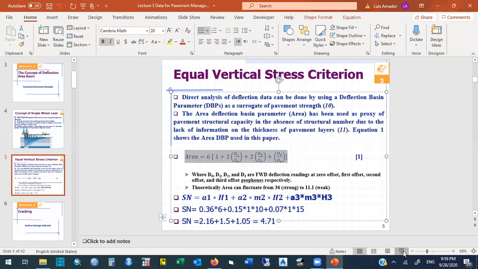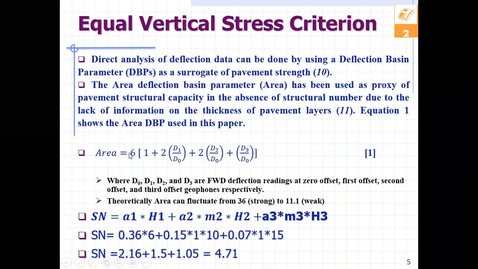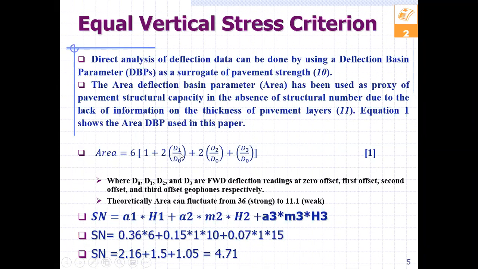And if I zoom into that, the deflection area basin is looking into sensors 1, 2, and 3, which are at offsets of 300, 600, and 900 millimeters, divided by the sensor that is on the axis of symmetry, the sensor that is 0.